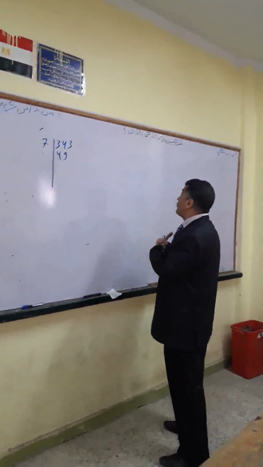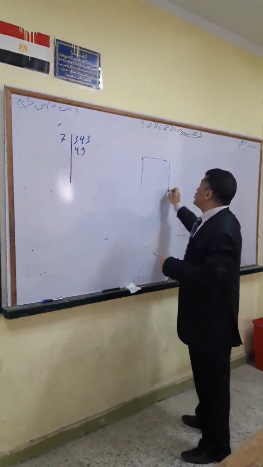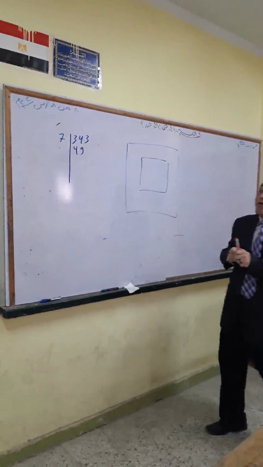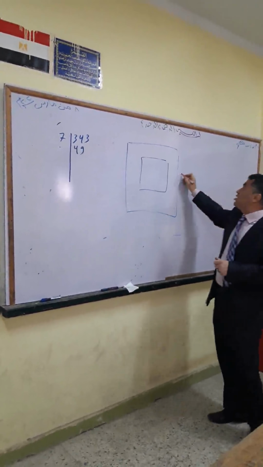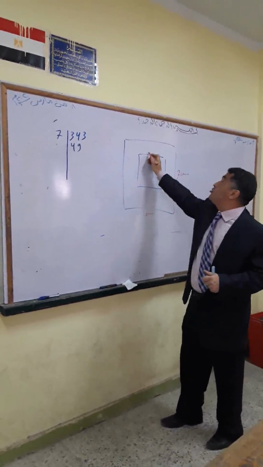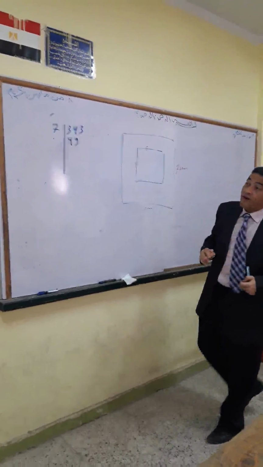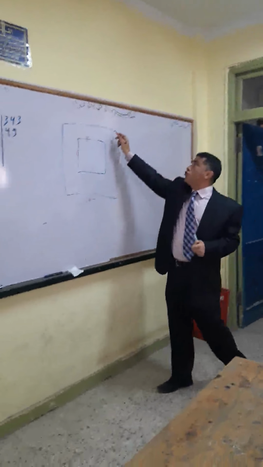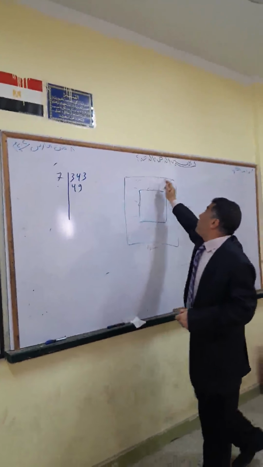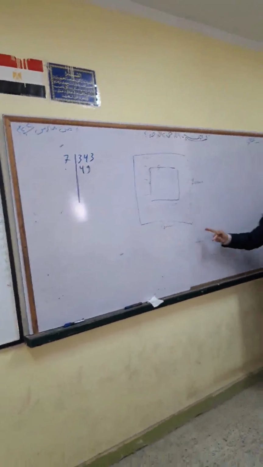Here we have two regions, inner region and outer region. The outer region has 2 dimensions, 7 centimeter and 10 centimeter. The inner region is a square, 5 and 5. I want to find the area of the shaded part, the red part.